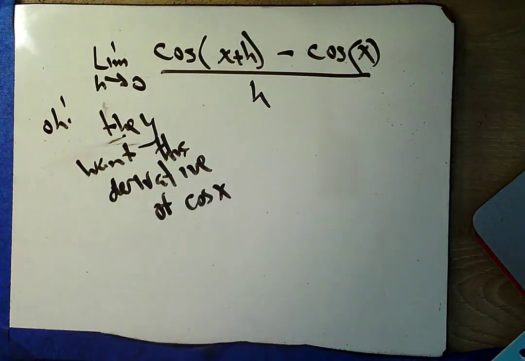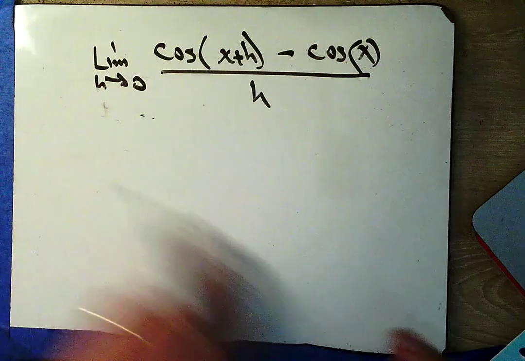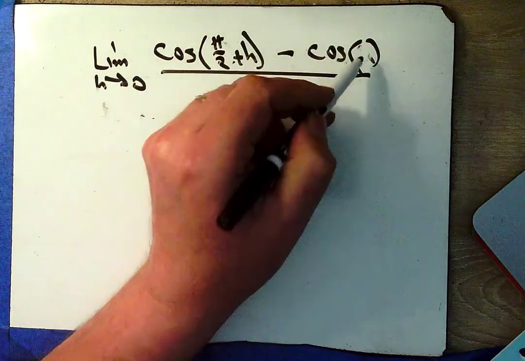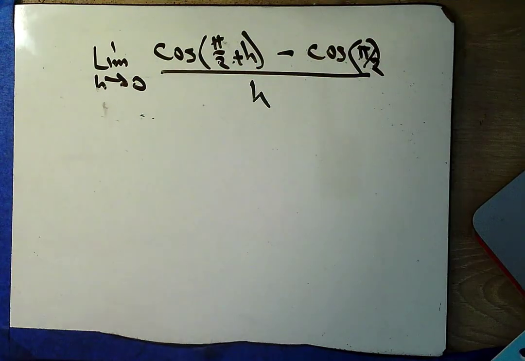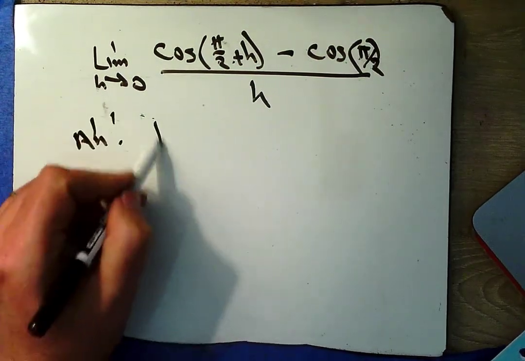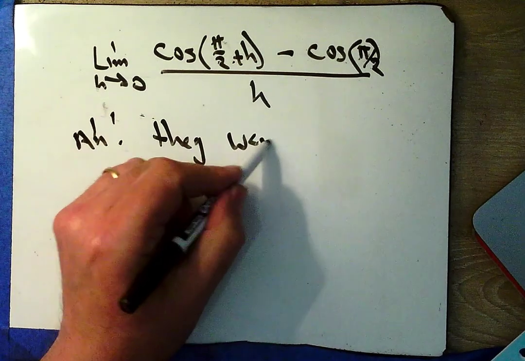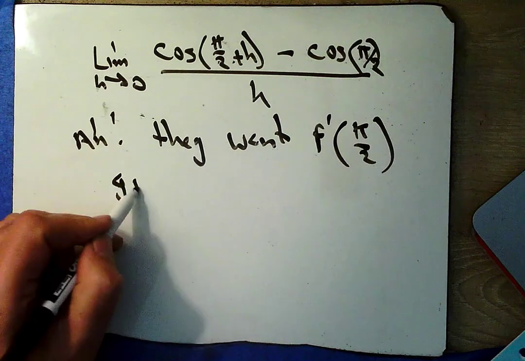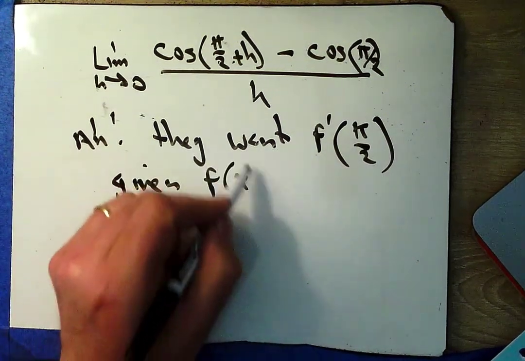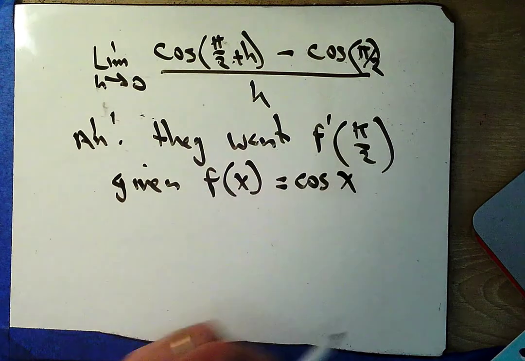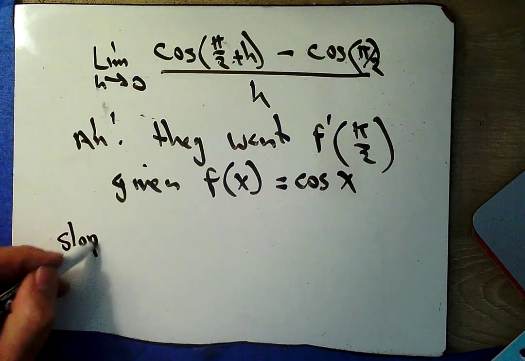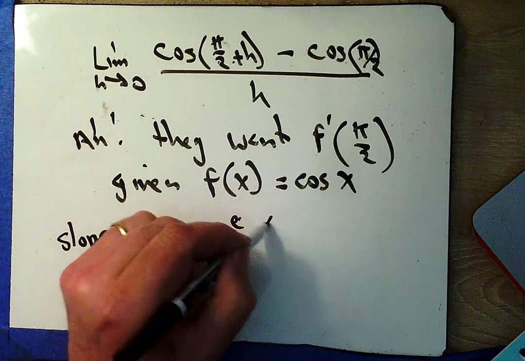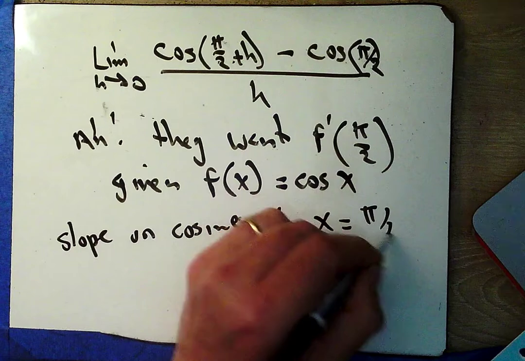That's what that's telling me. In fact, if I saw this, I would say, they want f prime of pi over 2 given f of x equals cosine x. In other words, they want the slope on cosine at x equals pi over 2.